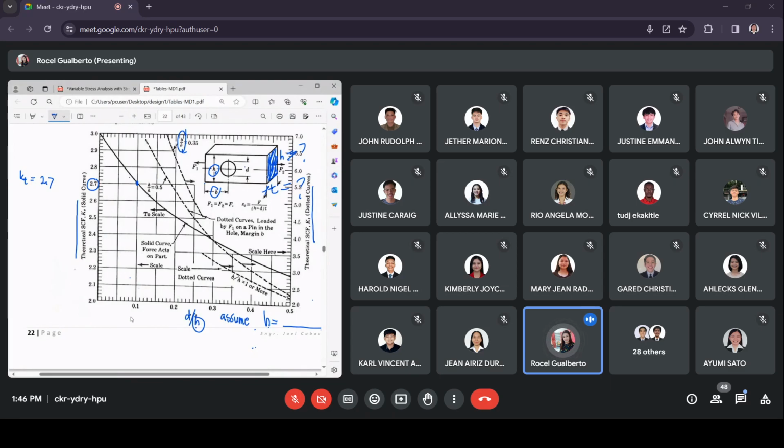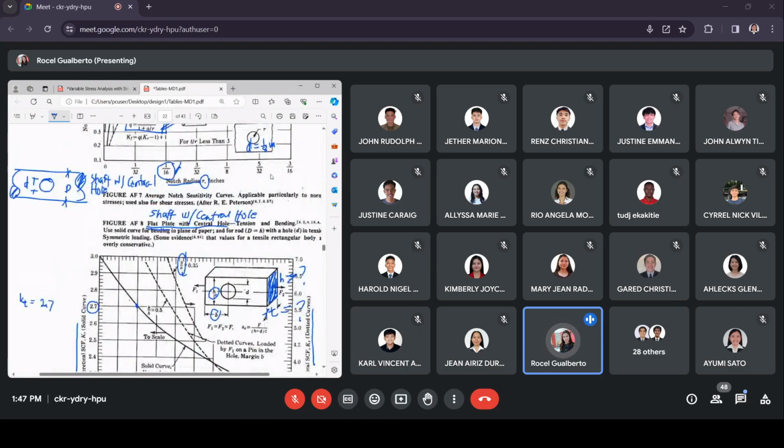It is usually given. We have there d, the diameter of the hole, divided by H. H pertains to the height of the flat plate. If we make it now a shaft, what would be the height? What should be the height?